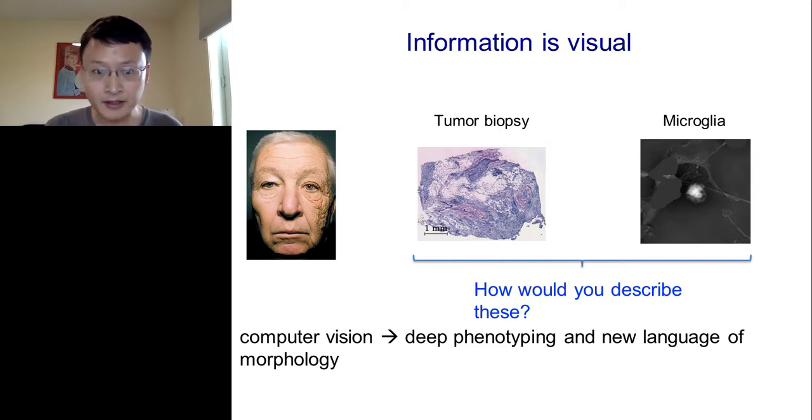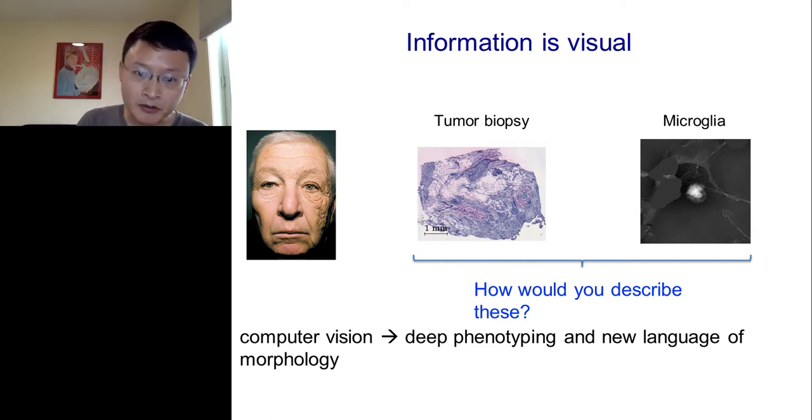And the reason why it's challenging is because in English, we really lack a very precise vocabulary with which to describe the phenotypes and morphologies and dynamics of these objects. It's hard enough for us to even precisely describe faces of individuals. It's even harder for us to describe these smaller objects like biopsies and individual cells. And this is really the motivation for this talk and for a lot of my research.